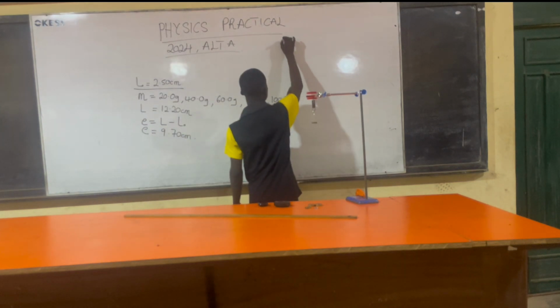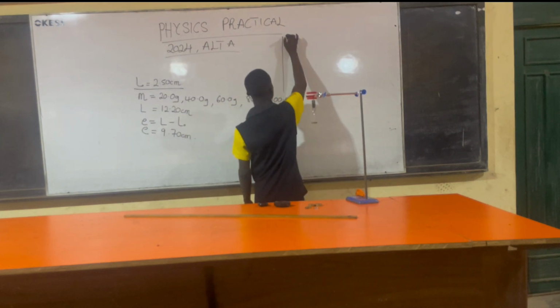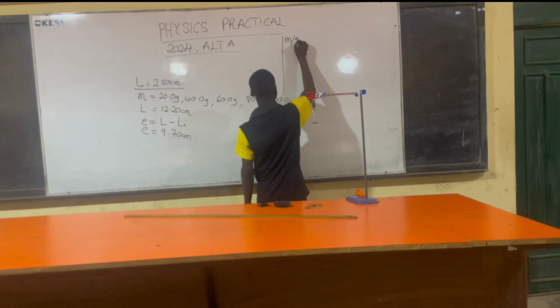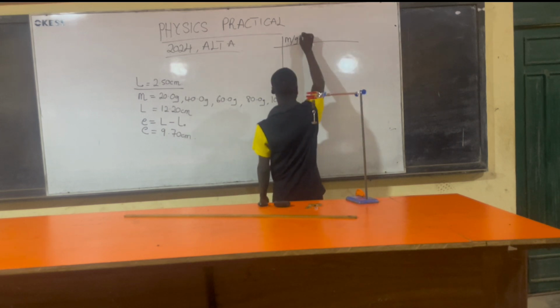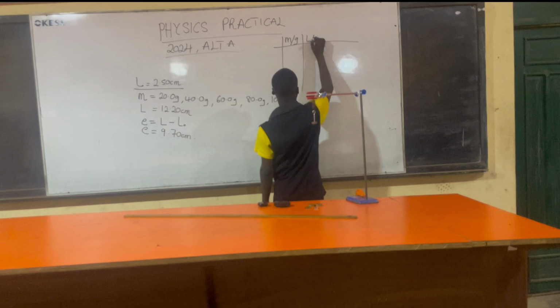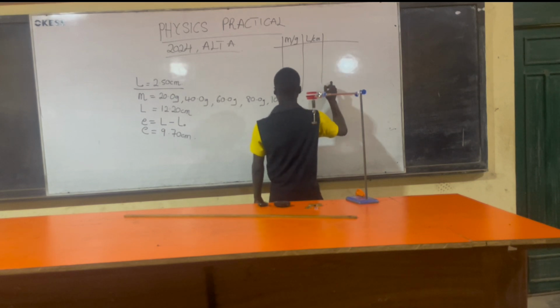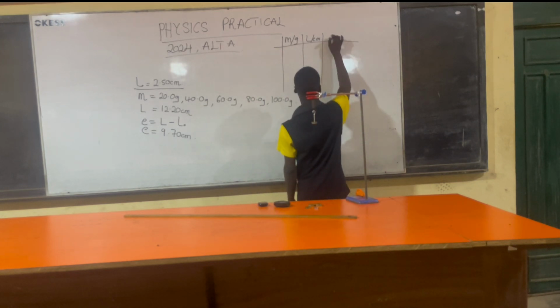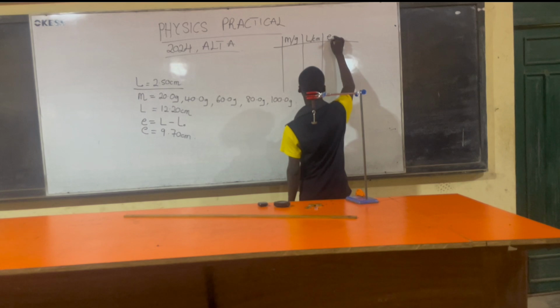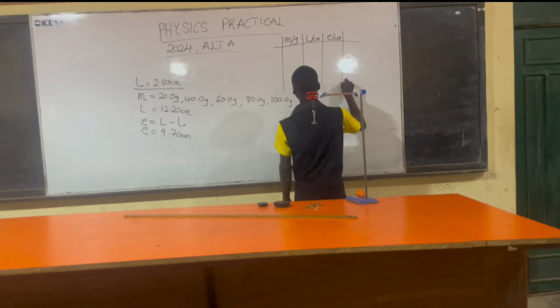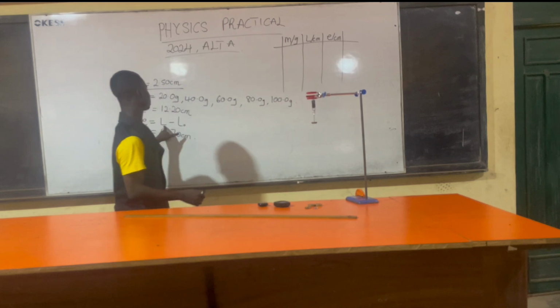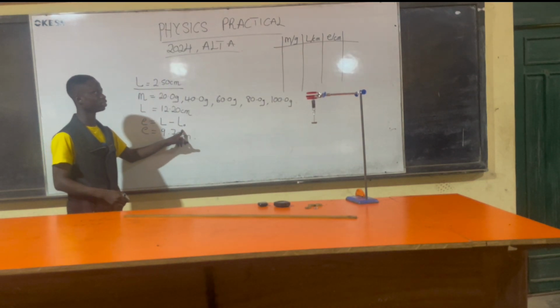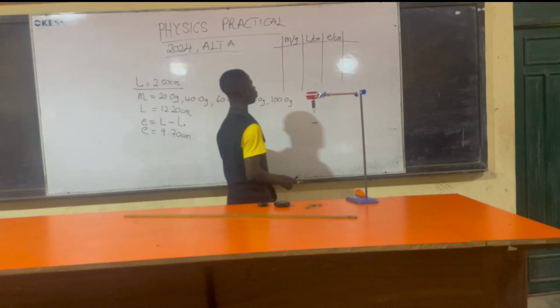We have our M in grams, our L in centimeters, then our extension E in centimeters. So this is our table of results.